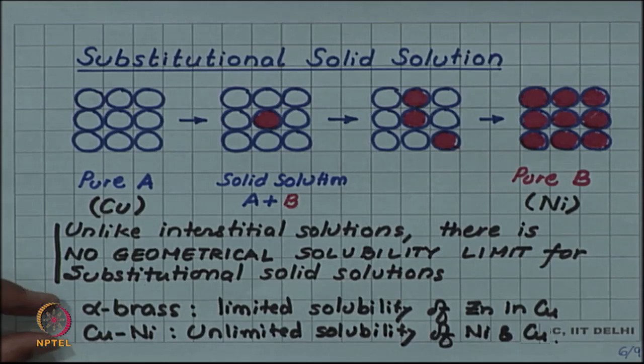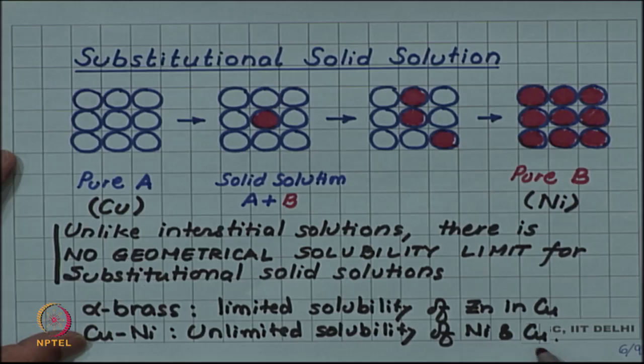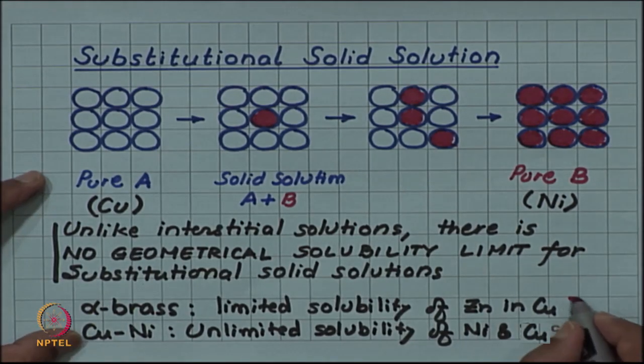So, this is the situation: for interstitial solid solution, unlimited solid solubility is not possible. For substitutional solid solution, unlimited solid solubility is not ruled out by geometry, but still physically some form unlimited solid solution, copper and nickel being an example, and some do not.